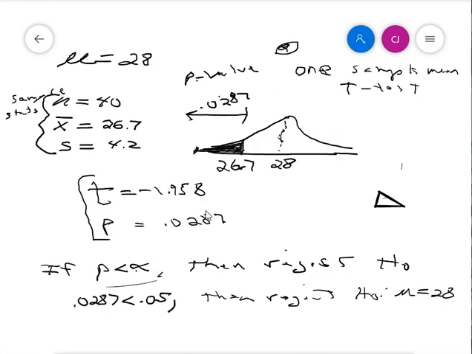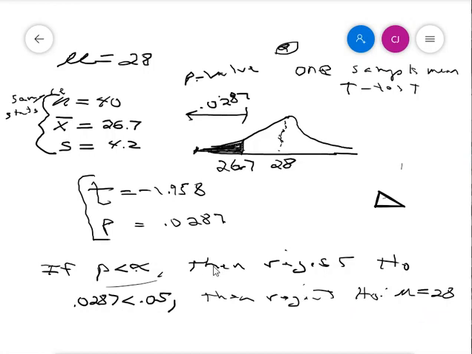So we got these two values out of the calculator, and as soon as we got them, we could decide. All right. So since this p-value was very small, the smaller it is, that means the further it is away from the middle, whatever you're testing here, right? It's going to be further away from this. So this is pretty small, 0.0287. Then we reject it. So since this is less than 5%, we reject, mean less than 28, right?